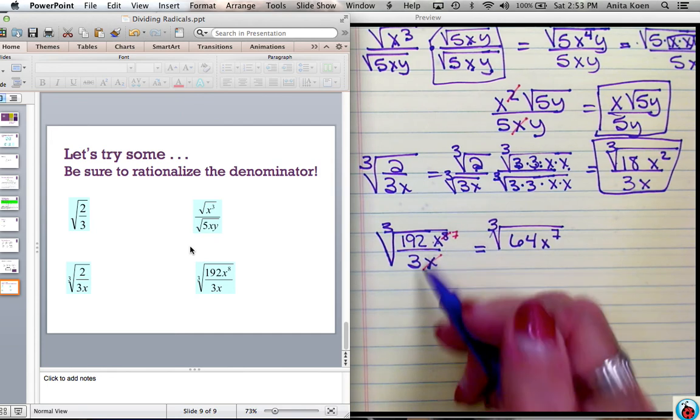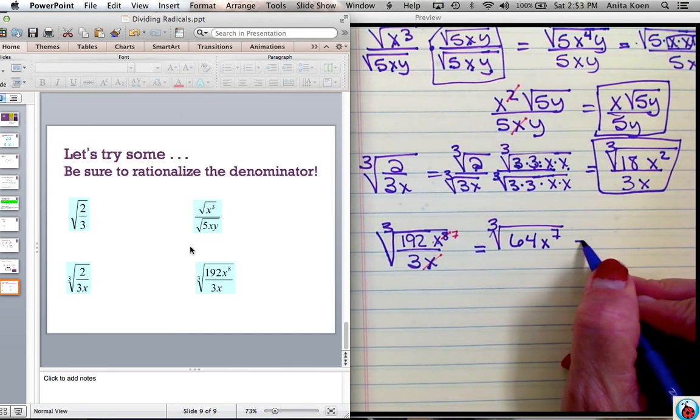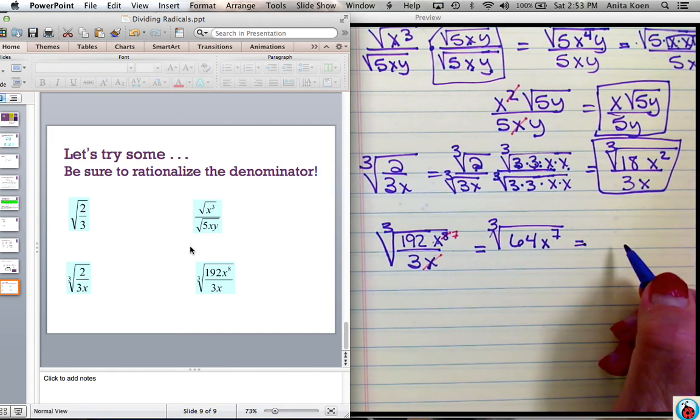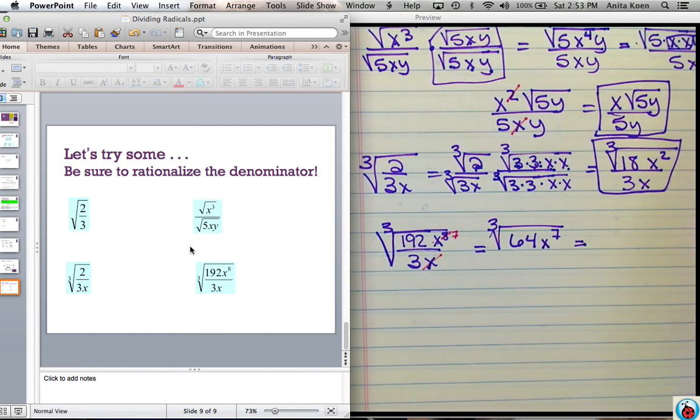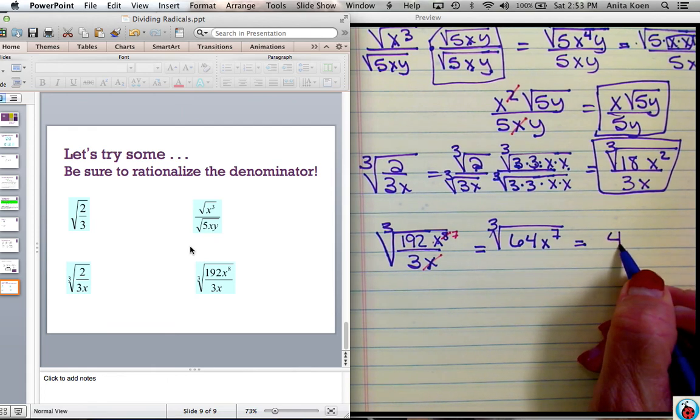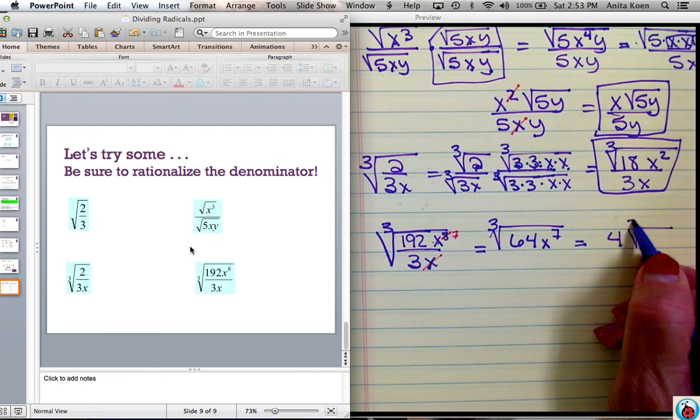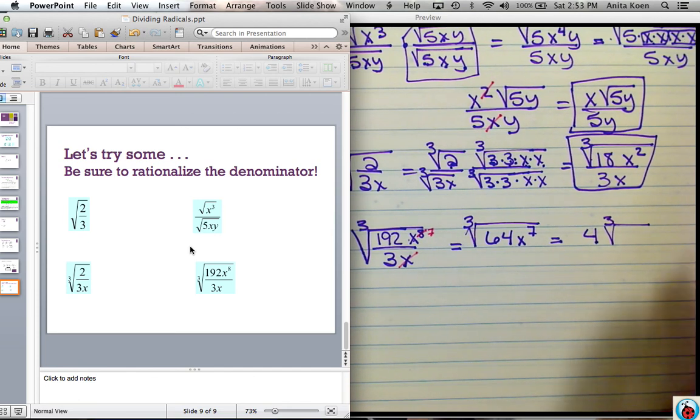So I want to divide this one first because it makes my work easier. And then I can think about 64. And if I think about 64, I know that 64 is on that list of perfect cubes, and I know that it is 4 times 4 times 4. So the cube root of 64 is 4, and then I have the cube root of 7 x's.